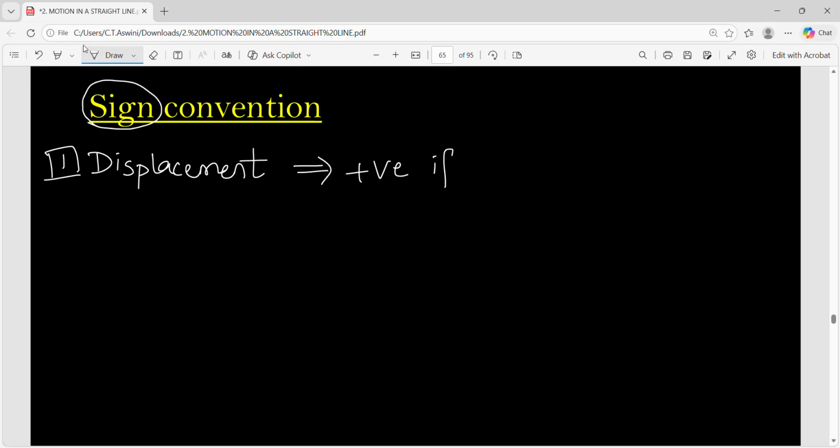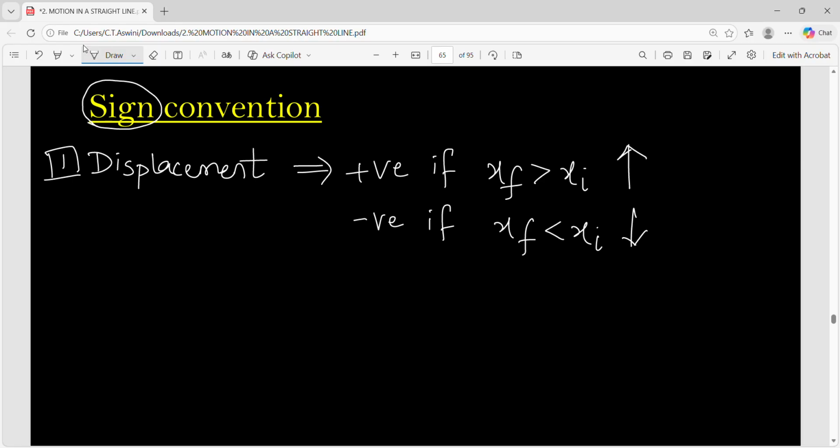Displacement is positive if its final position is higher than the initial position. That means when the body is projected upwards. Imagine the body is projected upwards, then obviously its final position is higher compared to the initial position. Displacement is negative if the final position is lower compared to the initial position. That means when the body is moving down, that means when it is dropped.